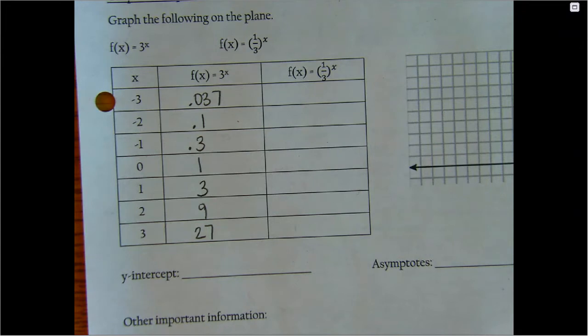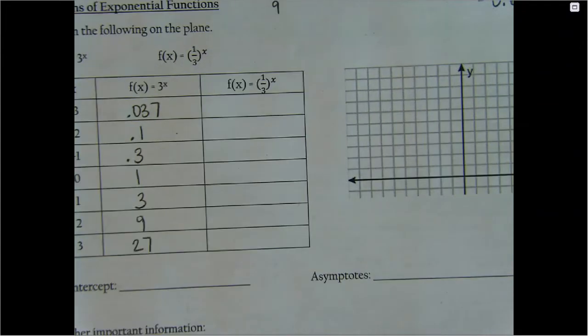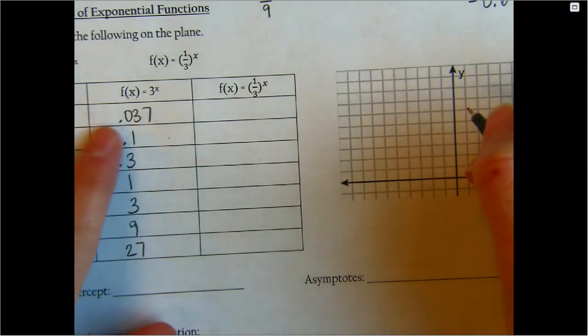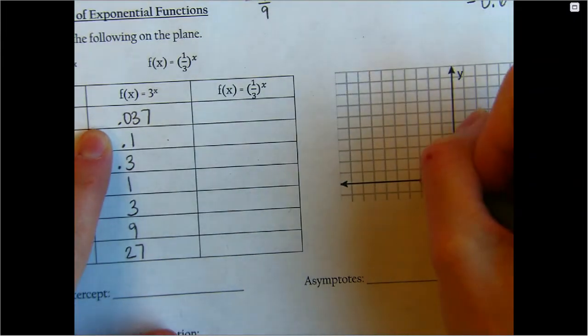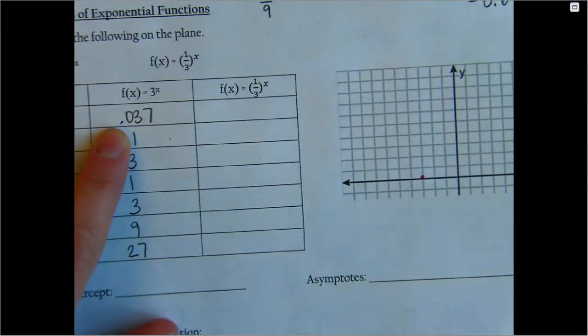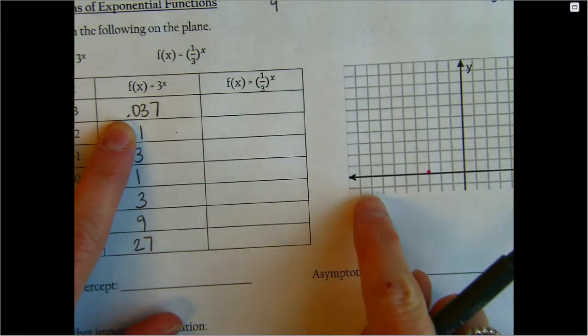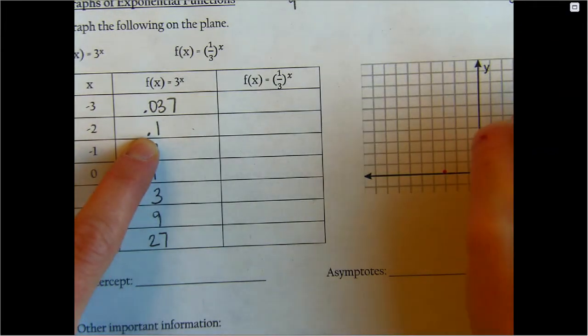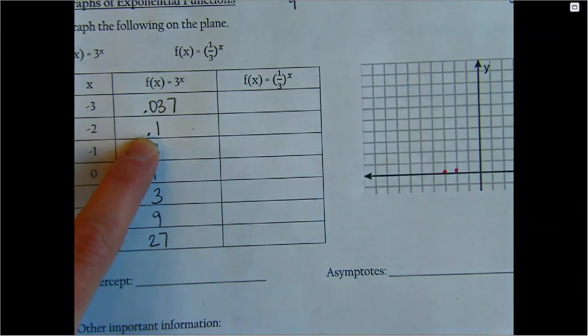Okay, so I'm going to graph these two functions in different colors here so we can kind of compare what we're looking at. So for this function, when x is -3, y is 0.03. So I'm just going to go about as close to the x-axis as I can. Then -2, 0.1. So again, not that much higher.